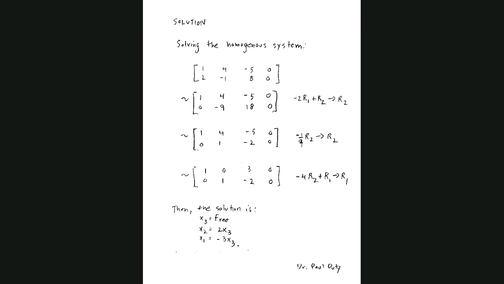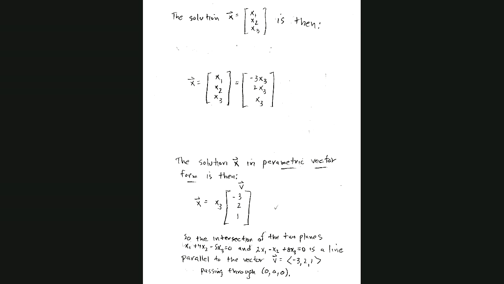Okay, are there any other good questions? Okay. So what we want to do now, let's go ahead and move to the next page. The solution then, if we just write the solution as a vector, this is our solution.